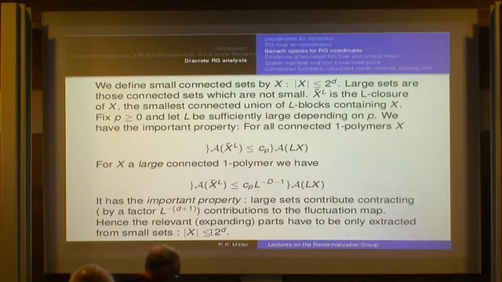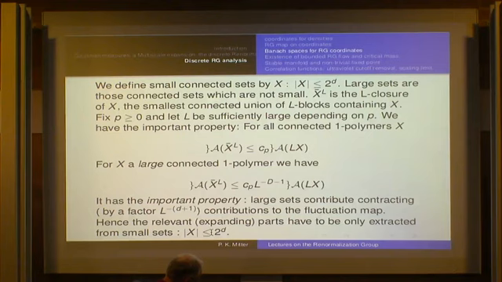In that case, the smallest large polymer that contains those 2 blocks would look like this big one and this big one here. You could have more blocks in here, but the point I'm making is that this particular polymer did not get smaller when you reblocked it.